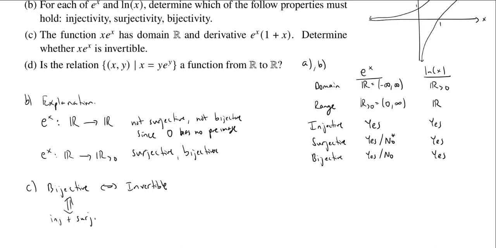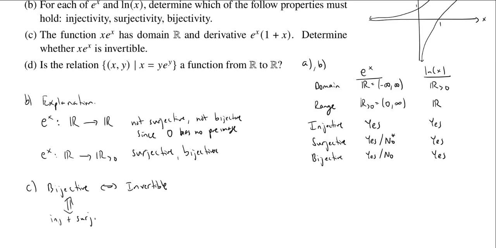So in order to test whether or not x e to the x is invertible, we can test whether or not it's injective and surjective. Now again, the surjective bit will possibly depend on our codomain. But before we even think about that complication, let's think about the injectivity.